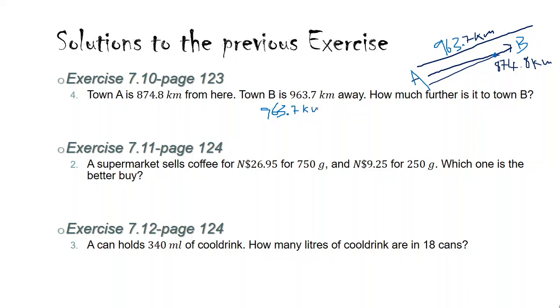We know how to subtract decimal numbers. Don't forget the units. 7 minus 8 is not possible, so you borrow and you're left with a 2. Now you have 17, and 17 minus 8 is 9.